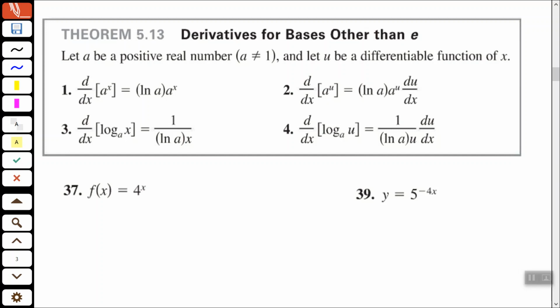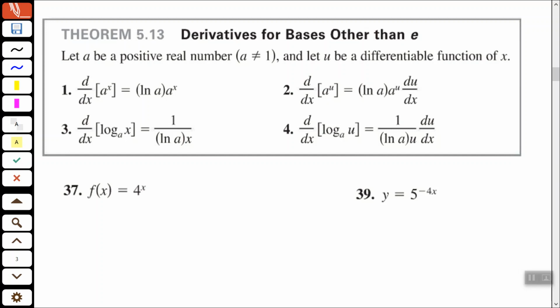Okay, and then 3, we deal with the derivative with respect to x of log base a of x equals 1 over the natural log of a times x. Again, if that x is anything other than 1x, then the derivative with respect to x of log base a of u is equal to 1 over the natural log of a times u prime, du over dx, or u prime.